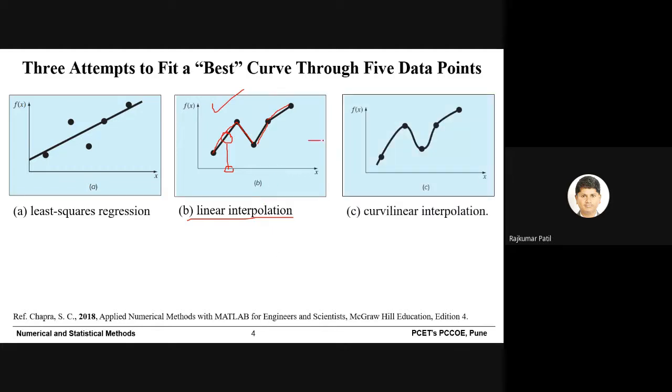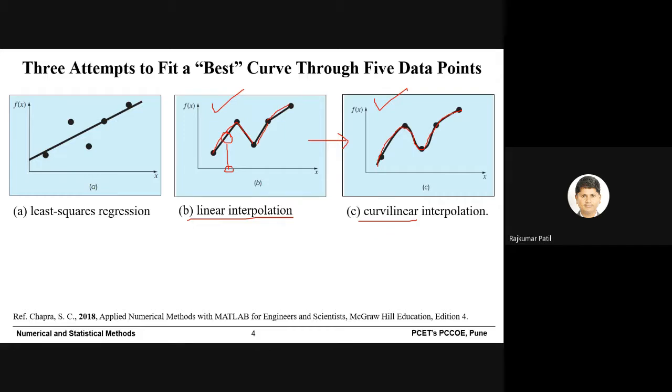You may think of connecting the data points by a curve instead of a straight line. The data points you can see here are connected by means of a curve. If you adopt this method, it is called curvilinear interpolation.